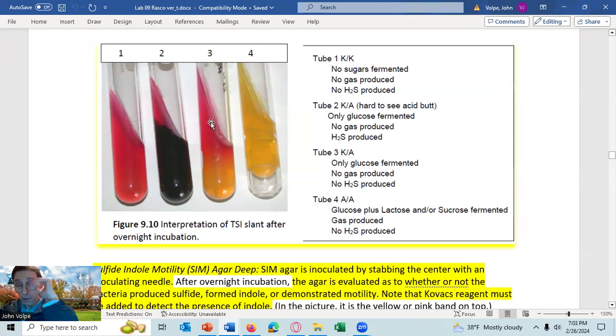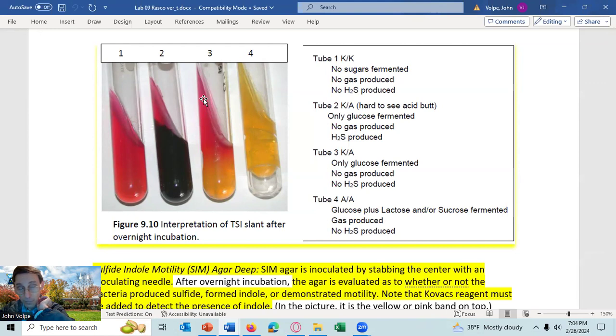So if we were to look at this color early on, we would see that the slant was initially yellow, but later on, all of the glucose is digested because it's at low concentration, only 0.1%.